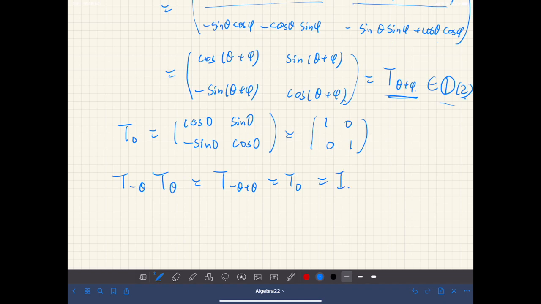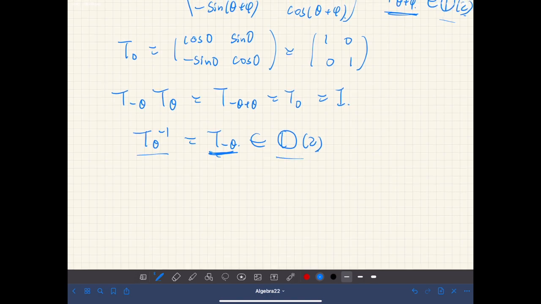So the inverse of T theta is T negative theta, which also belongs to O2. So we have the identity element and an inverse for every element. Therefore, this is a group.